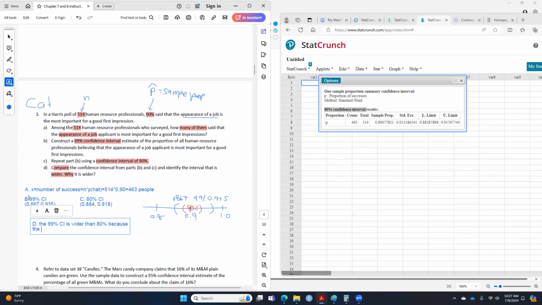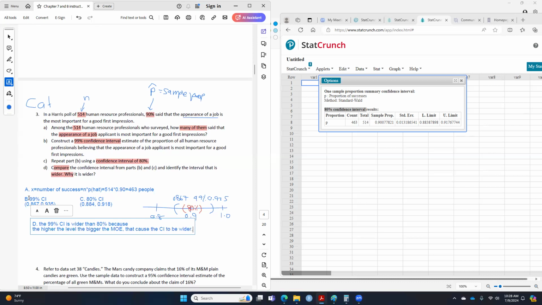This is the reason why: the higher the level, the bigger the MOE, that causes the CI to be wider. Okay, so the majority of it is because of the MOE, which is called the margin of error.